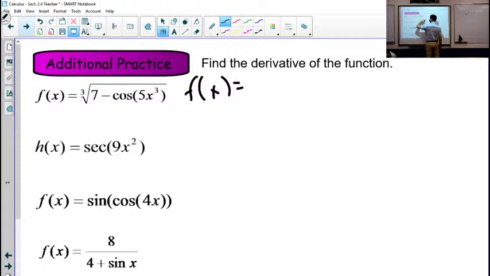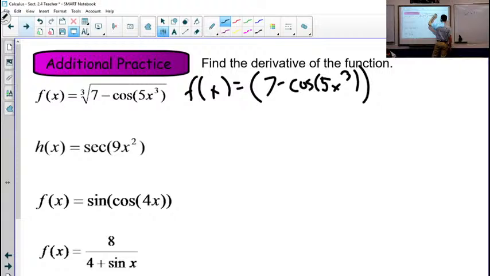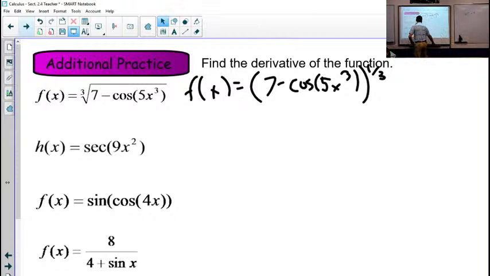So f of x is 7 minus cosine of 5x cubed. All taken to what power? Cube root means we're 1/3. So my to the 1/3 is my outermost function.